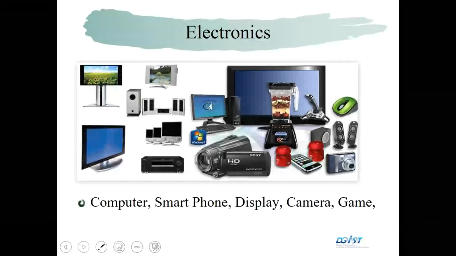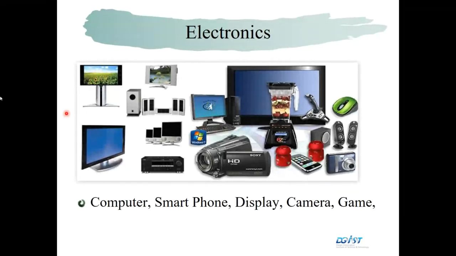In modern electronics, you may see there are many devices like modern computers, smartphones, displays, cameras, and game players. There are many. And one of the most common points of all these electronic devices is that they have small chips inside of them.